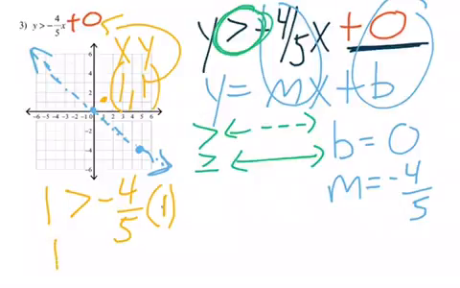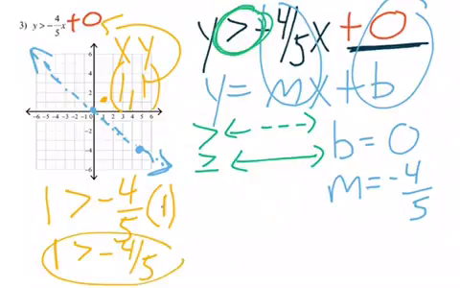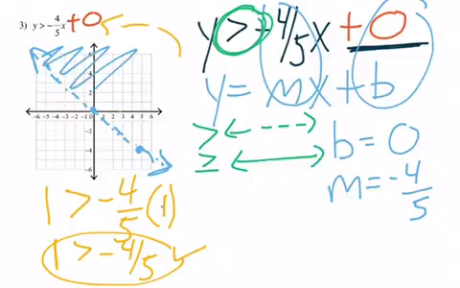So I would have 1 is greater than negative 4/5. Is that a true statement? And yes, it is a true statement. So all my shading will be everything above, everything that contains the point 1, 1. So all of this would be shaded in.